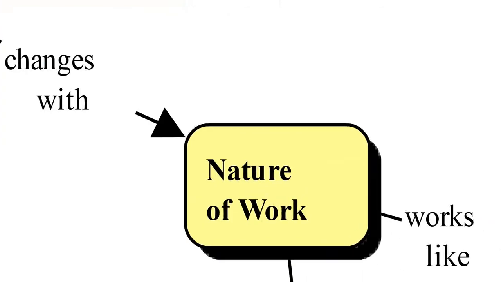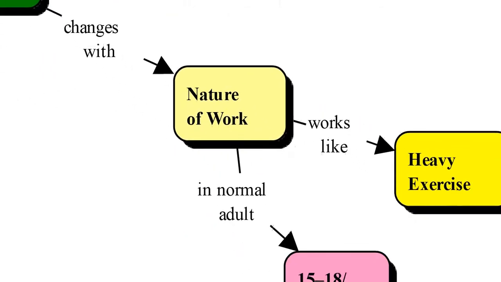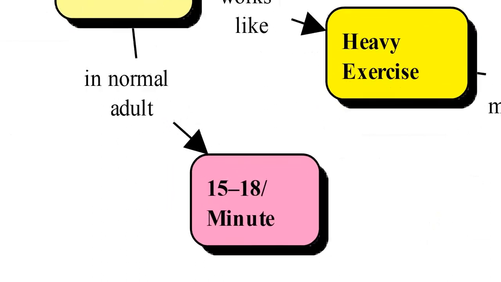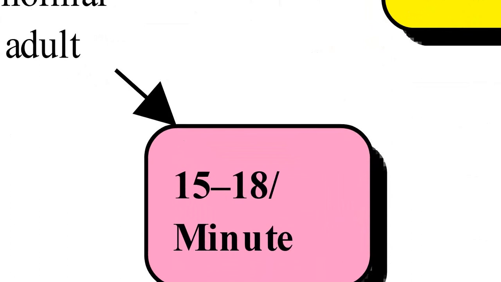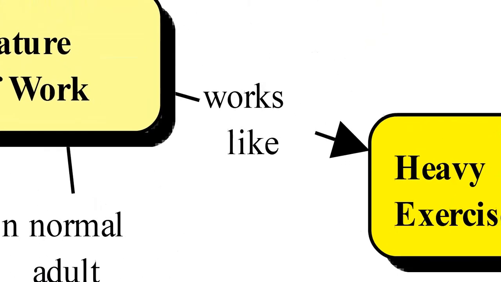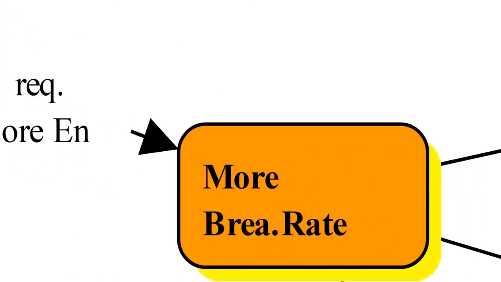Breathing rate changes with nature of work. A normal resting adult will have 15 to 18 breaths per minute. Works like heavy exercise require more energy.